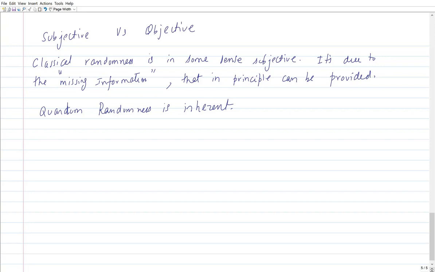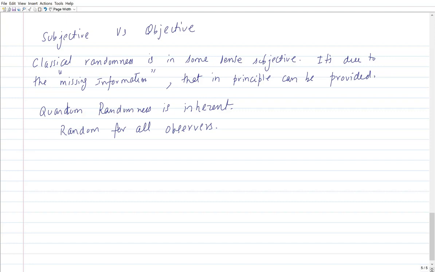And the essential part is that this randomness is random for all observers. So classically, let's say someone was cheating, he had some sophisticated cameras. Well, he exactly knows where my coin is going to land. Whereas for you guys, it's a 50-50 coin.